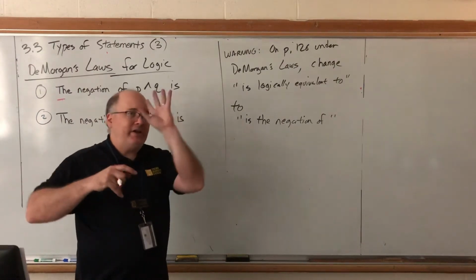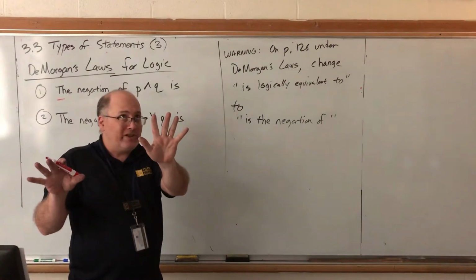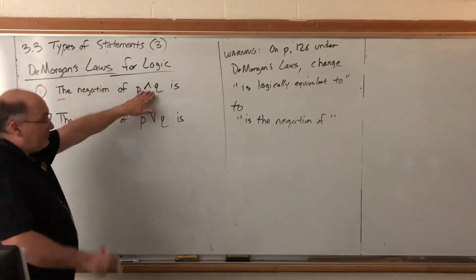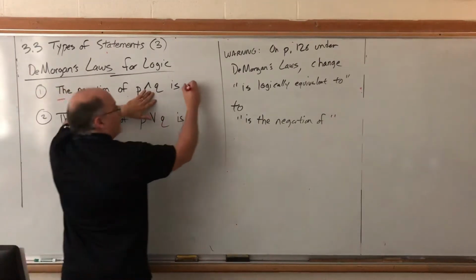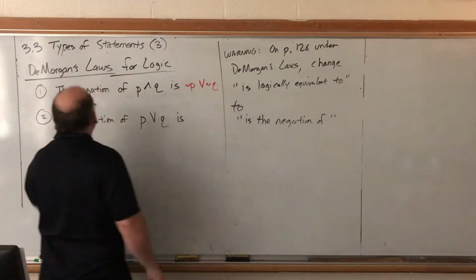Because remember, an and is true only if all of it is true. So for an and to be false, any of it has to be false. For an and to be false, either the first part is false or the second part is false.